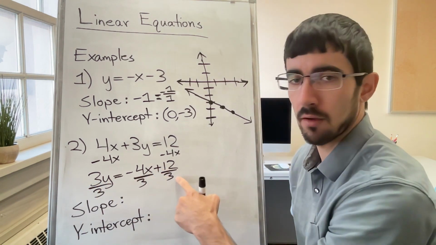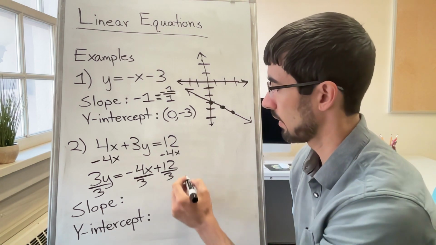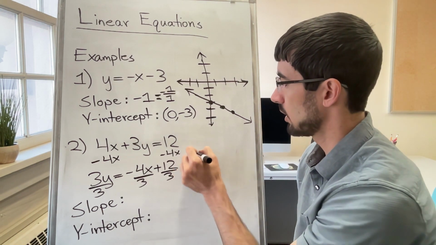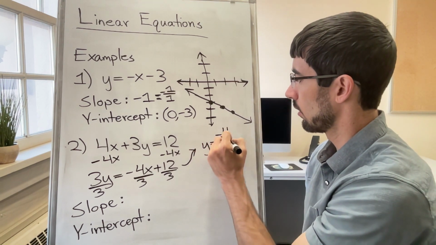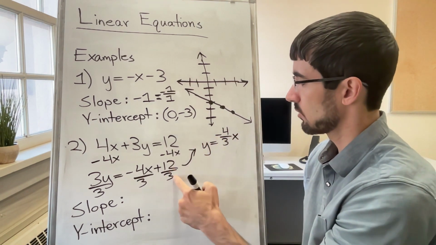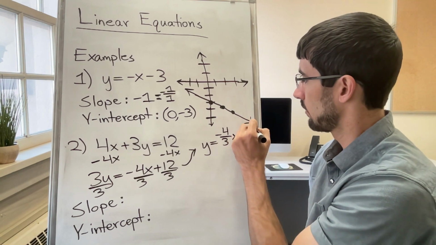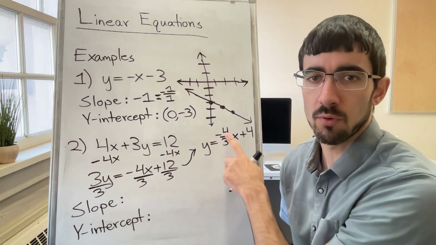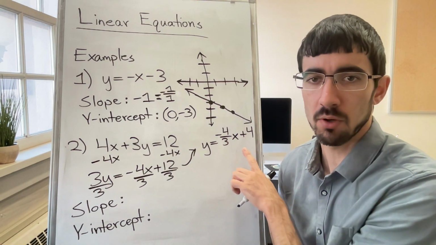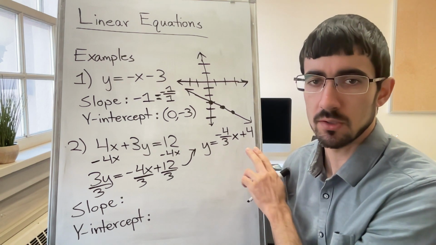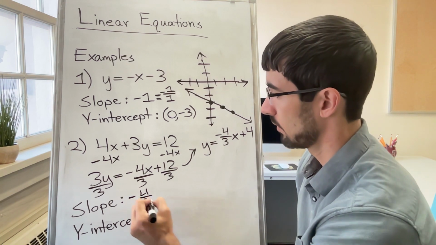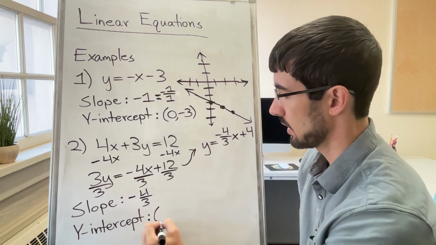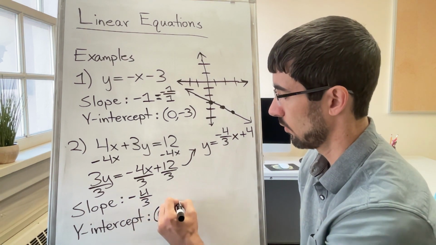Make sure you divide everything by 3 here on the right side. We get this equation: y equals negative 4/3 x plus 12 over 3. 12 over 3 is 4. So y equals negative 4/3 x plus 4. I just rewrote this equation in slope-intercept form. The slope is negative 4/3. The y-intercept is (0, 4).